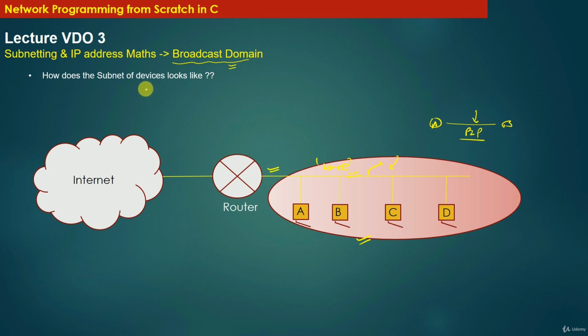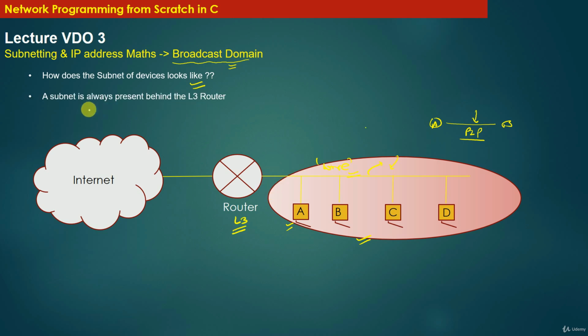So what does a subnet of devices look like? You can see that this pink colored region is a subnet in which 5 devices are connected. 4 devices are host machines, that is A, B, C and D, and one of the interfaces of the router is also connected to this wire.